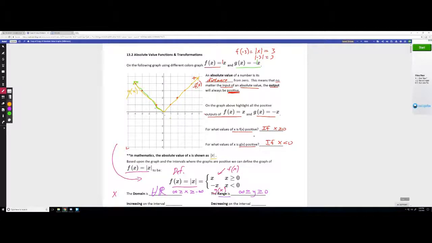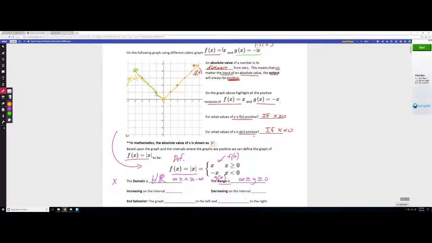We were going up, up, and away. And f of x really started here at 0, right? So from 0 to infinity, we had a positive slope. We were going up. Okay, so we were increasing. So the interval is basically from 0, and again, we're talking about x values. So when x is greater or equal to 0, or it's less than or equal to positive infinity, because it keeps going forever.